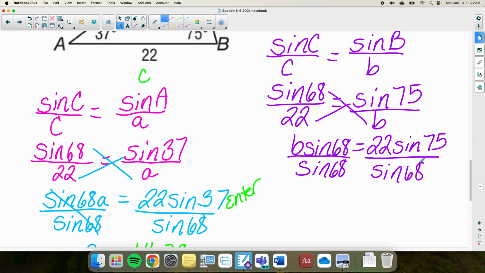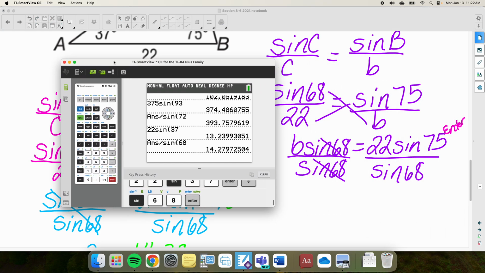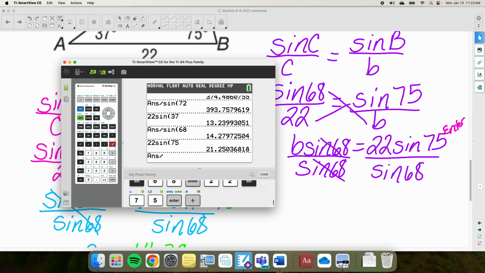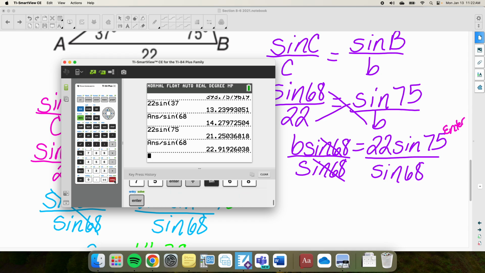And then you just have to realize, again, that when you do this, you hit enter before you divide. So if I go to my calculator and type that in, 22 sine 75, enter, divide by sine 68.